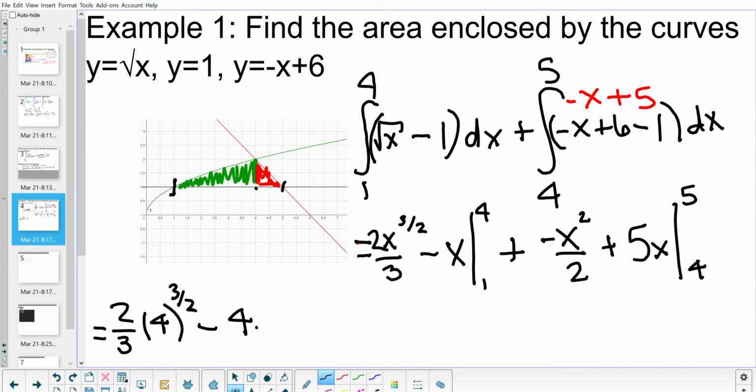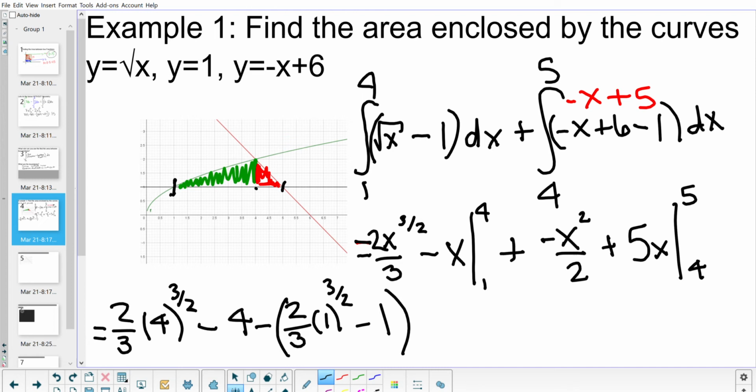Then I have to subtract from that. I'm just starting to evaluate this piece. I haven't even touched over here yet. Plugging in 4 and then minus. Now I have to plug 1 into each of those, and I'm putting it in parentheses because it is a binomial. 2/3 times 1 to the 3/2 minus 1. Okay, so that is just evaluating the antiderivative from 1 to 4.